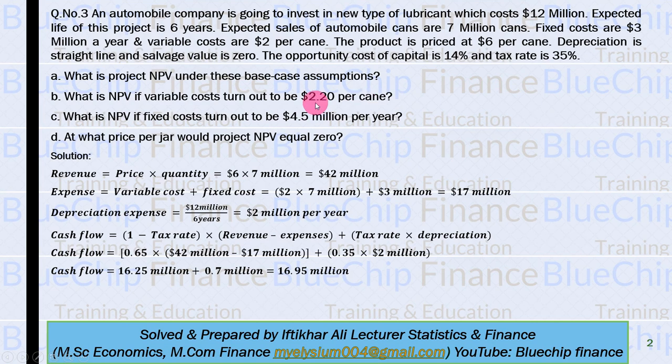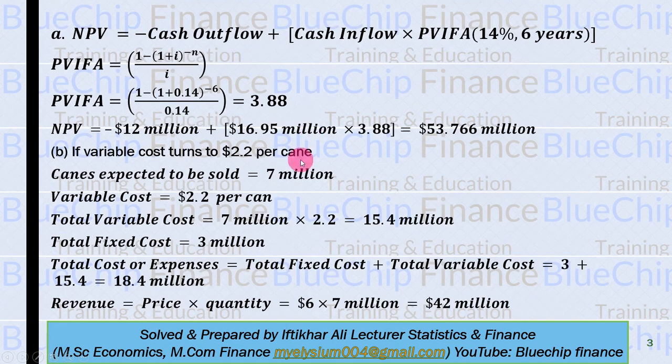So all the process is the same as we adopted in part A, but the variable cost should be changed, because in the previous case variable cost was $2 per can, but here we change it to 2.2 multiplied by 7 million, and that becomes 15.4 million.